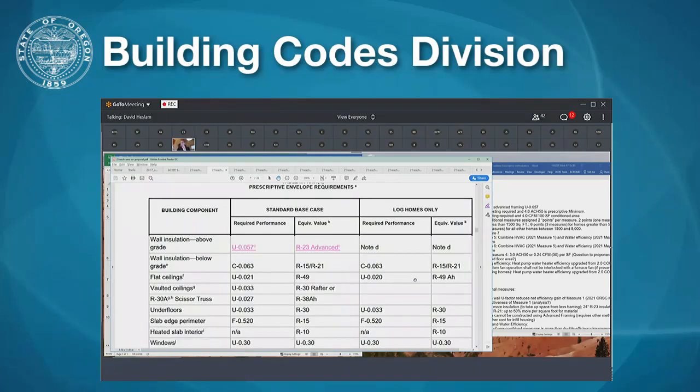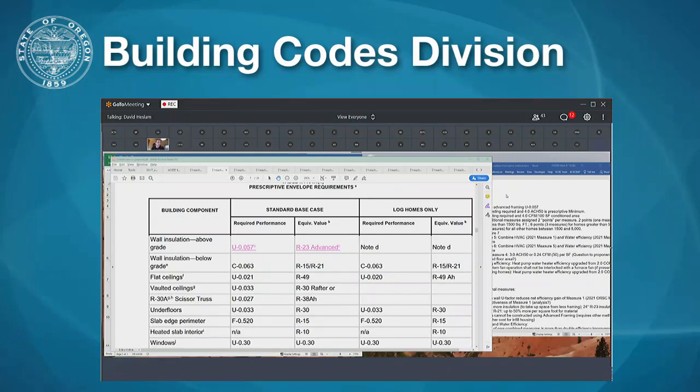So that's the difference between our proposal and the NEA proposal when it comes to the table itself.